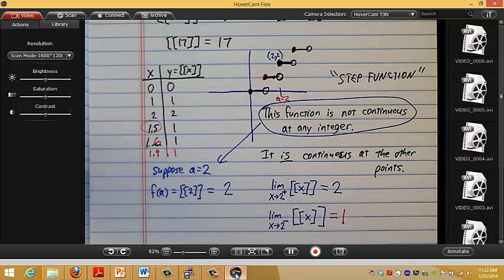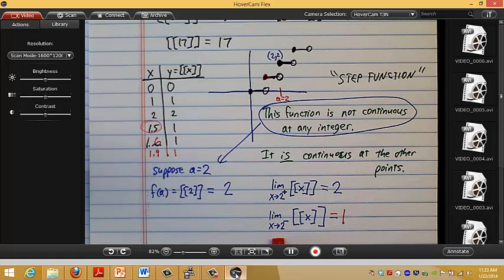Like, what's the greatest integer of 2.4? How about 2.1? How about 2.0001? 2, right? When we talk about limits, we don't care what f of a is. We care what happens when you're close to 2. Well, it really depends which side you're on, right? If I'm close on the right-hand side, it's 2.